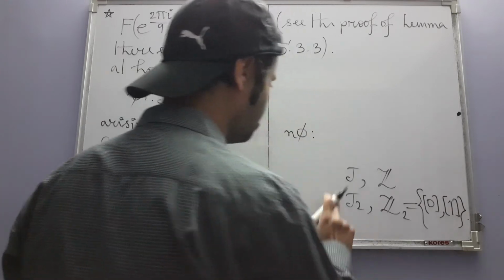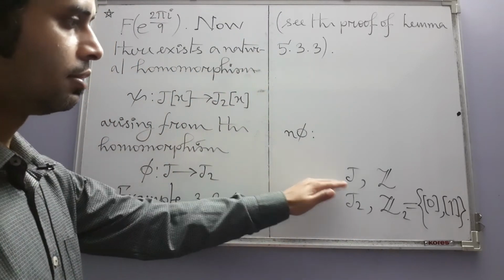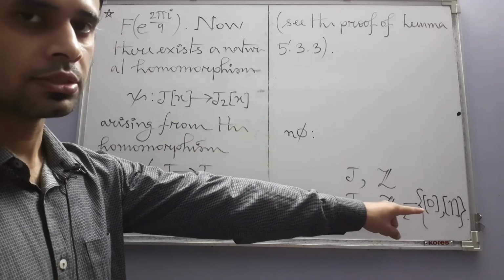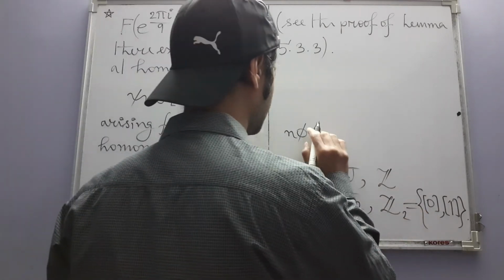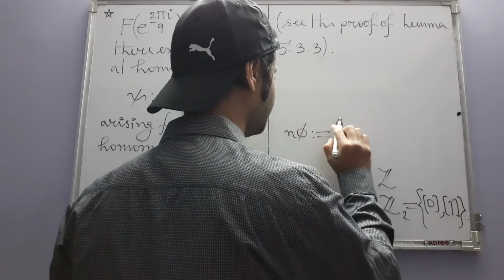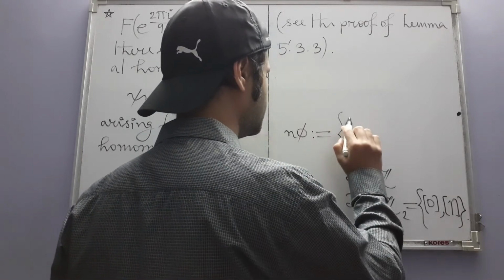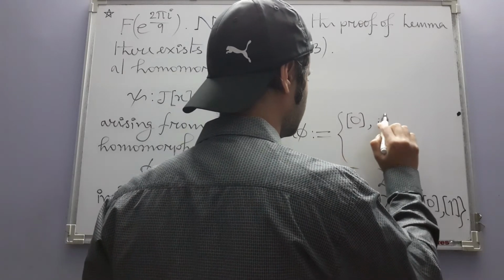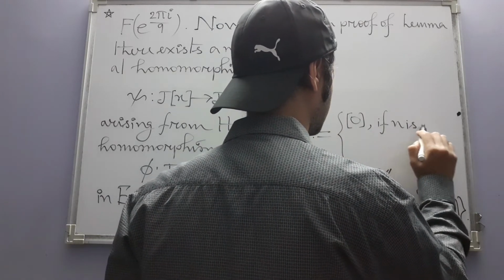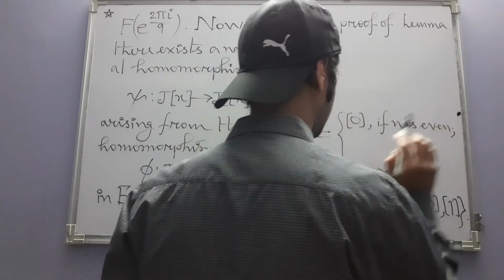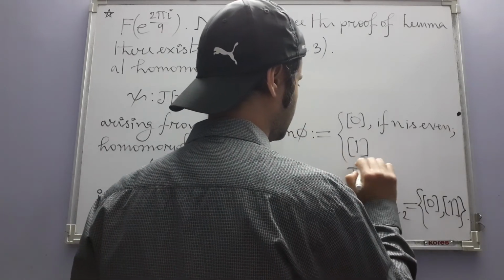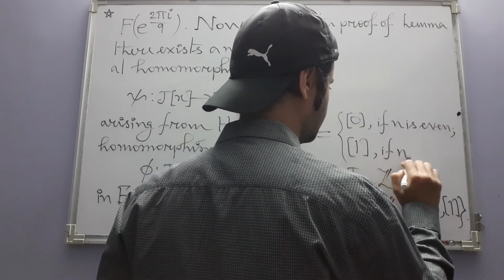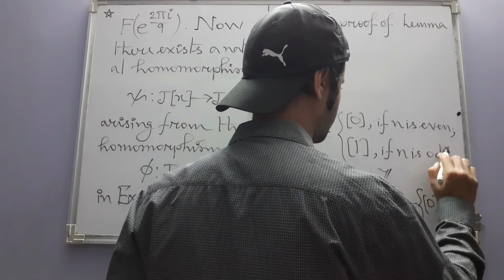That means phi maps every integer onto these congruence classes, and the definition of n phi is equal to the 0 congruence class if n is even and the 1 congruence class if n is odd.